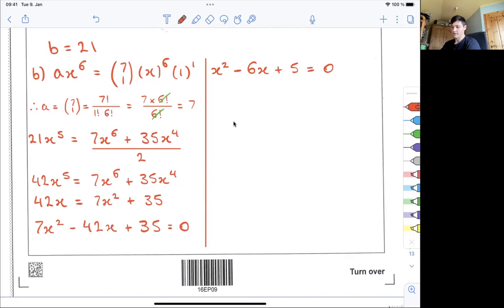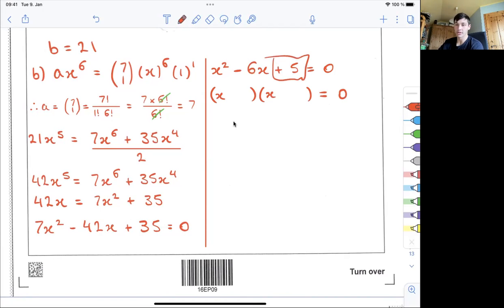And so from here, we can attempt to factorize. First, we look at the coefficient of x squared. 9 times out of 10, that is just 1, which is quite nice. So we can start our factorization with x and x. Now we look at our c term.